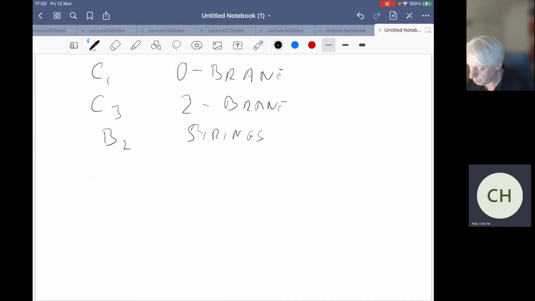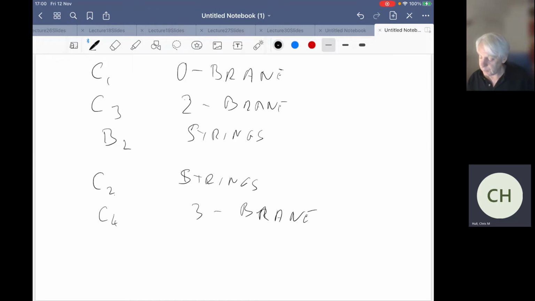And similarly, in the 2B theory, there's a C2 which couples to strings and a C4 which couples to 3 branes.